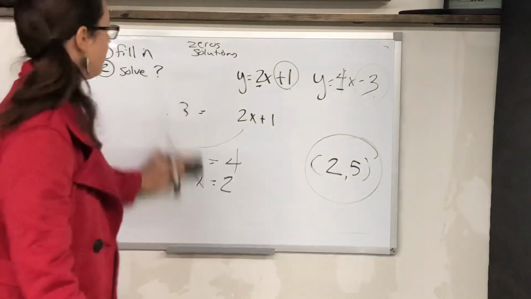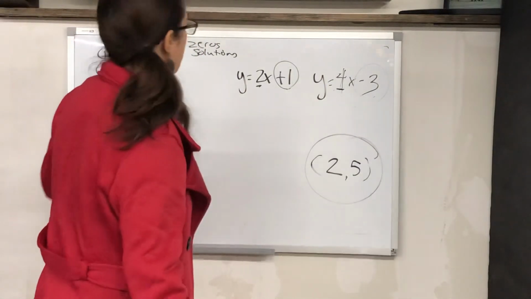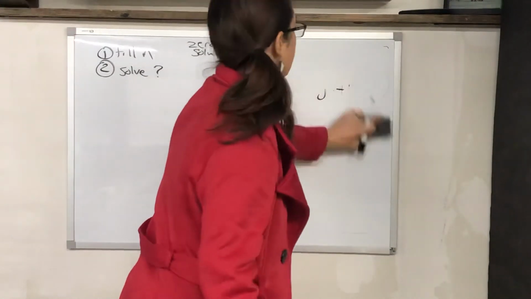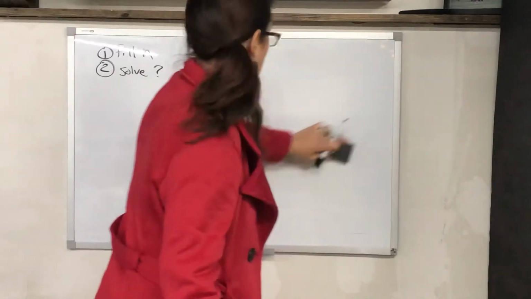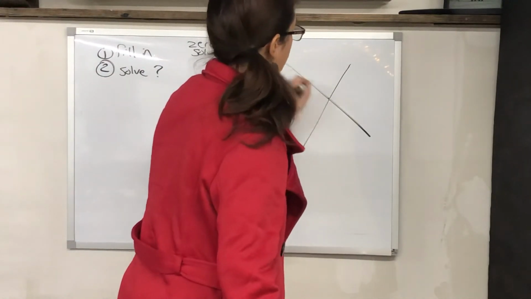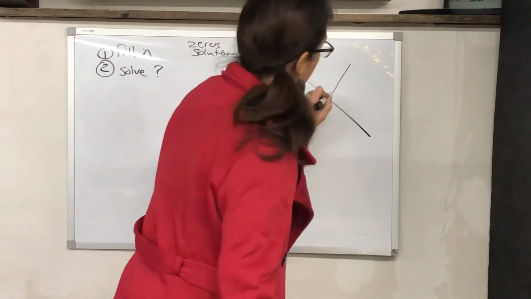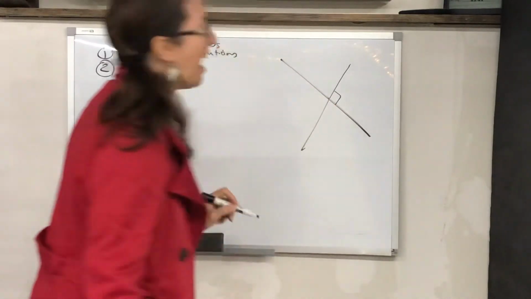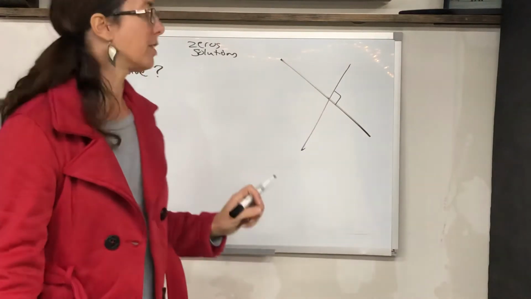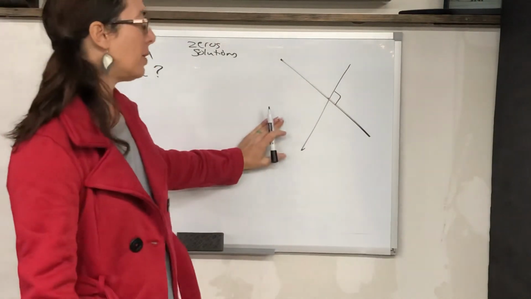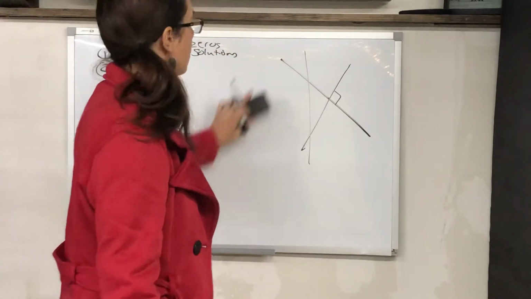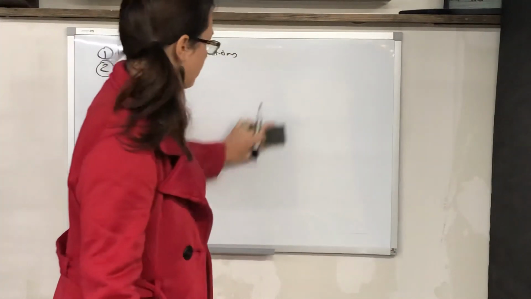Now there's a special one when they meet and cross. What if they meet and cross at a right angle? When they are perpendicular. Let's just think about these lines in the first place. Let's do an easy one.